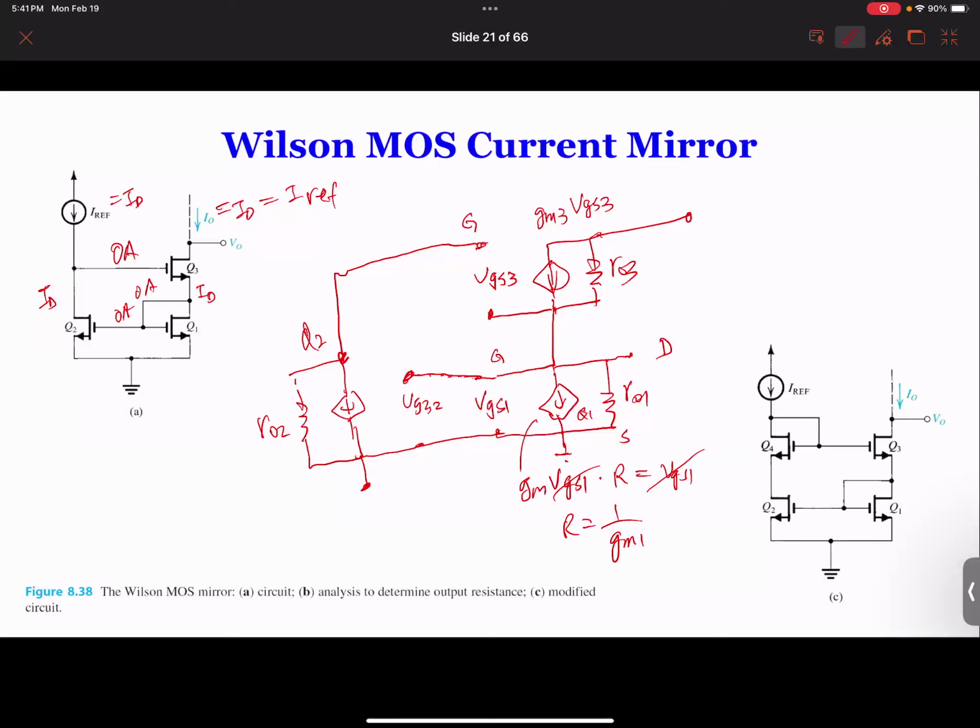So now if you simplify the circuit, the current over here for Q1 becomes a resistance. I really don't like this way. I like to draw on a board, which makes it a lot easier, but I don't have the luxury. So this one can be replaced by this one.